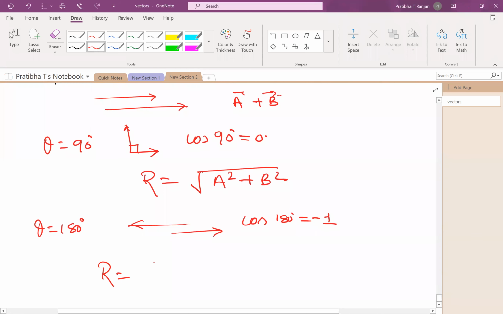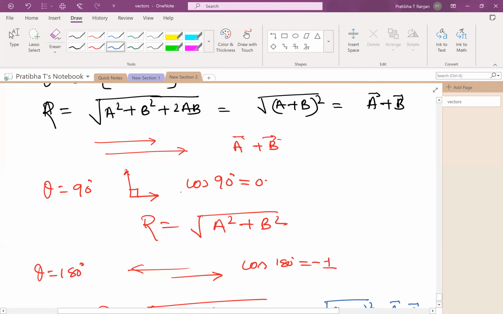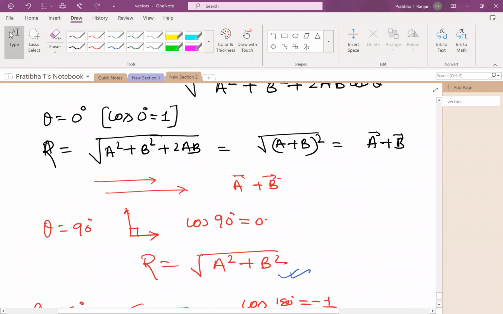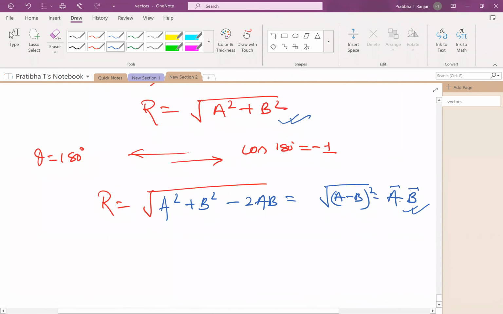My resultant is a squared plus b squared minus 2ab, which is simply a minus b whole squared, equal to a minus b. Now you understand why: at 90 degrees we use this one, in the same direction we use this one, and in the opposite direction we use this one.